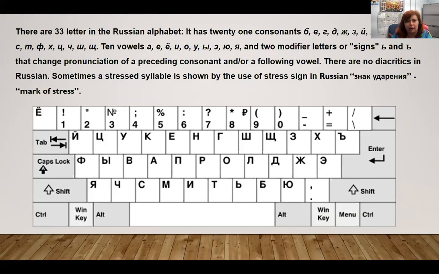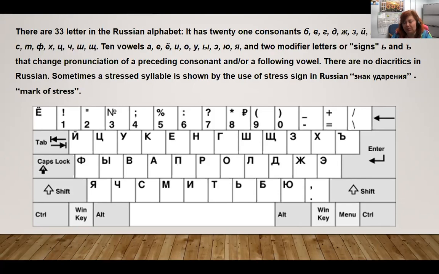It has 21 consonants: B, V, G, D, Ž, Z, Y, K, L, M, N, P, R, S, T, F, H, C, Ch, Sh, Sh, and 10 vowels: A, Ye, Yo, You, O, U, Y, E, Ya.